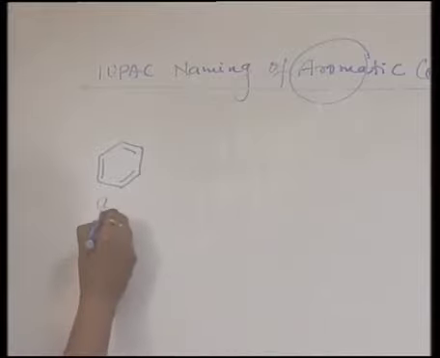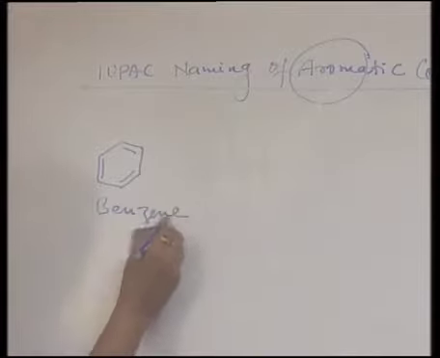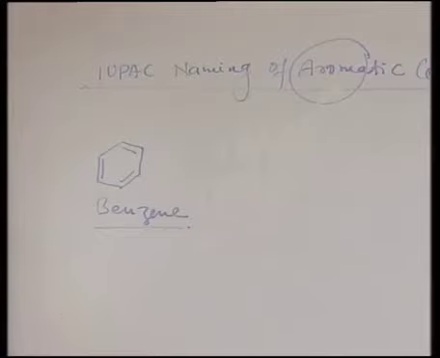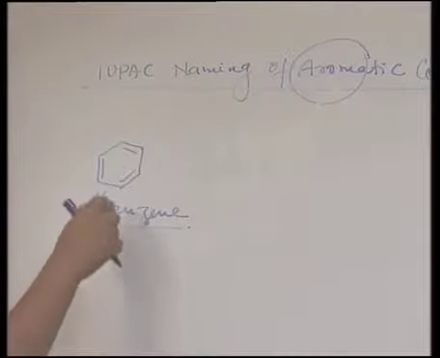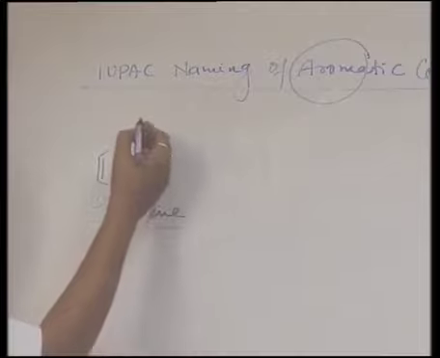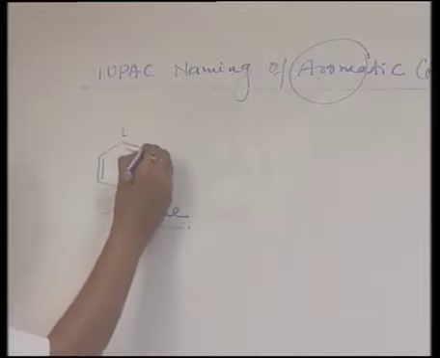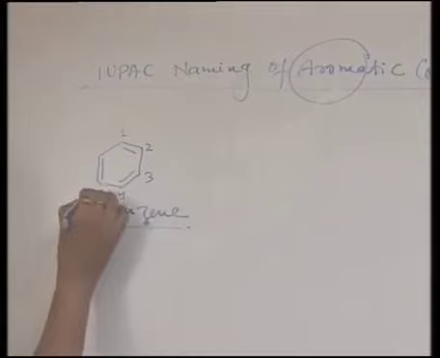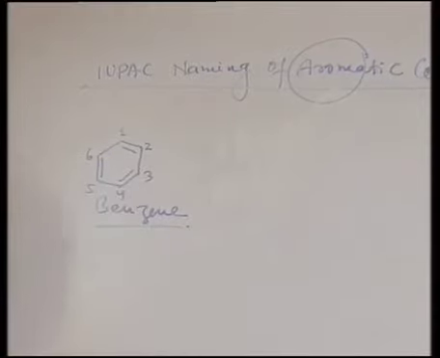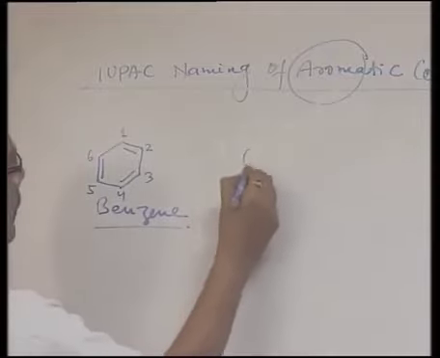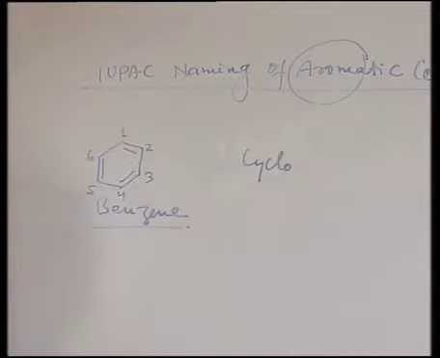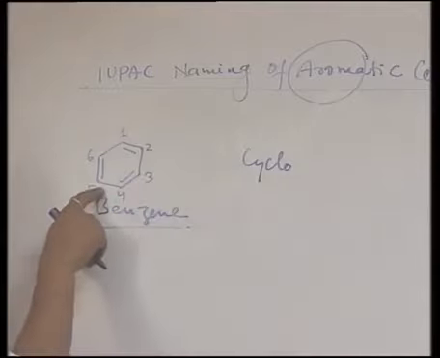So, this compound is benzene. Can you name this benzene by IUPAC naming? It is very simple, you have just learned how to give the IUPAC name of cycloalkenes. So, we have to start the numbering from this side: 1, 2, 3, 4, 5 and 6. It has 6 carbons. So, we first write the cyclo word because it has a ring structure, and then the position of the double bonds.